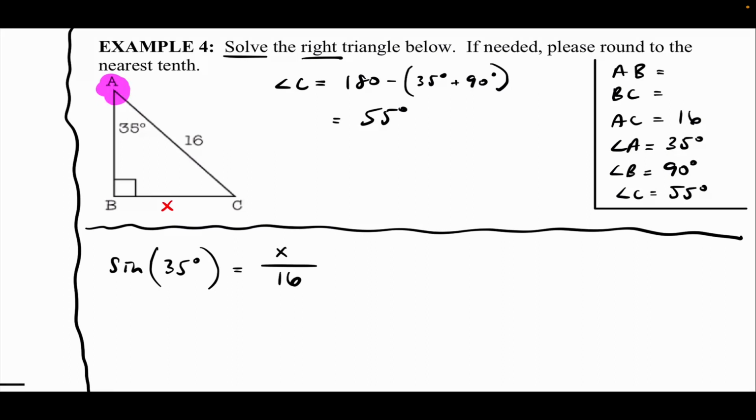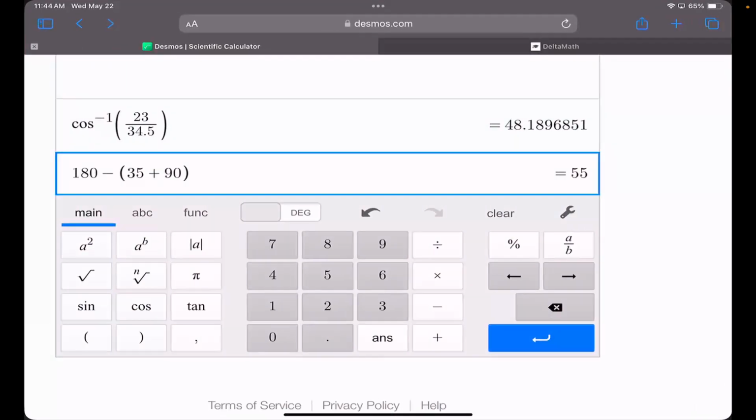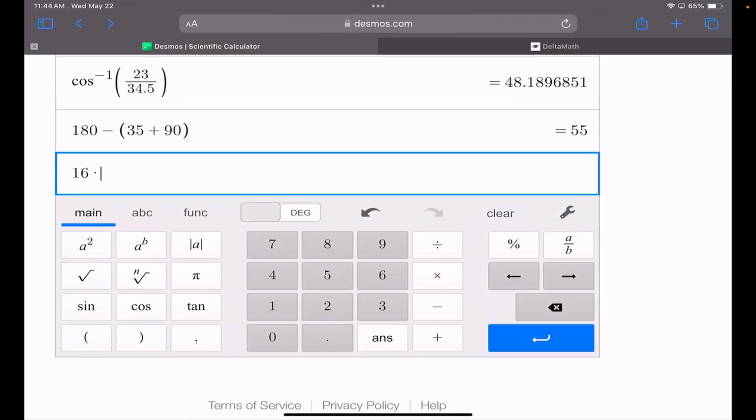Okay, so if I want to get x by itself, what do I do to both sides? Multiply by 16. Do the opposite. Calculator. 16 times sine 35 degrees. 9.177.